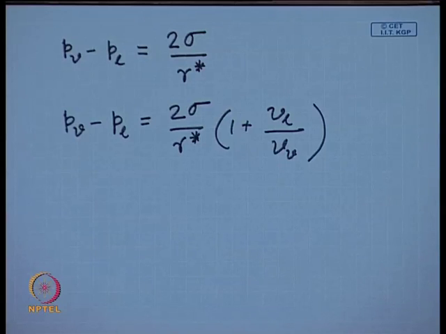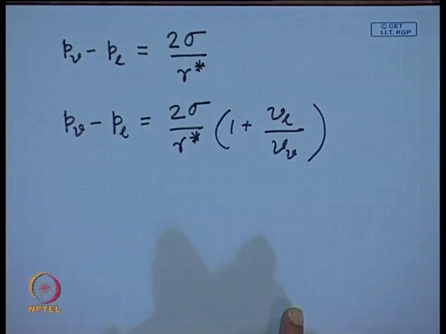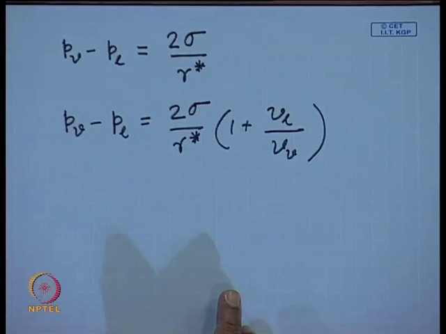So, V L represents the specific volume in the liquid phase, and V v represents the specific volume in the vapor phase. So, if there is a curved surface, approximately one can have the difference of pressure between the two phases given by this particular formula.